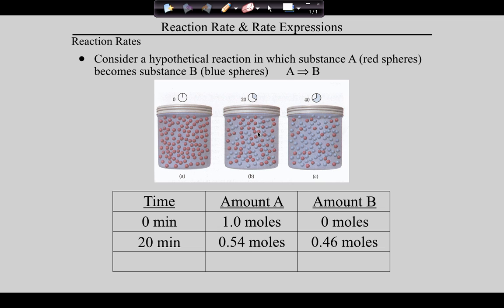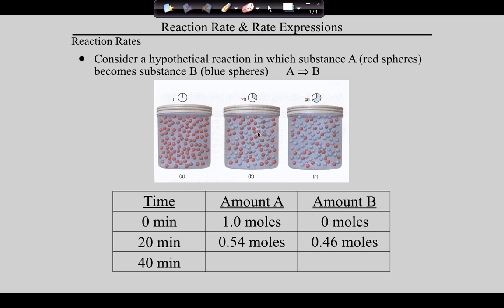Get the idea? Guys, this is now interesting point number 1. In the first 20 minutes, we lost 0.46 moles of red. Where did it go? Blue. Turned into blue.